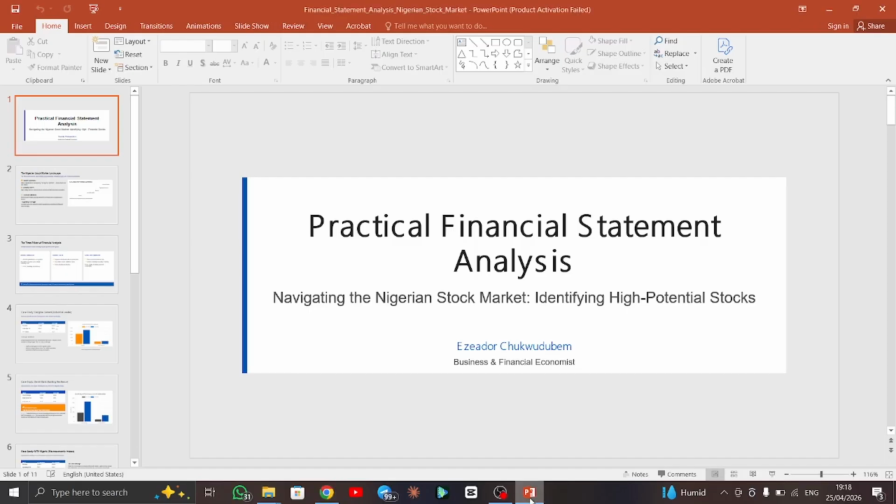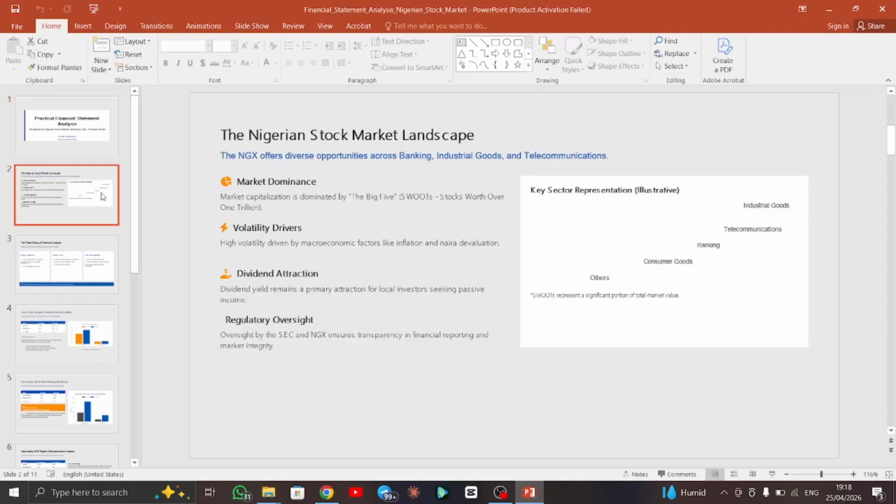So now we are going to go straight to what we have for today. First of all, we are going to look at the Nigerian stock market landscape. In the stock market, we have different opportunities to grow your money, to grow your wealth, right?